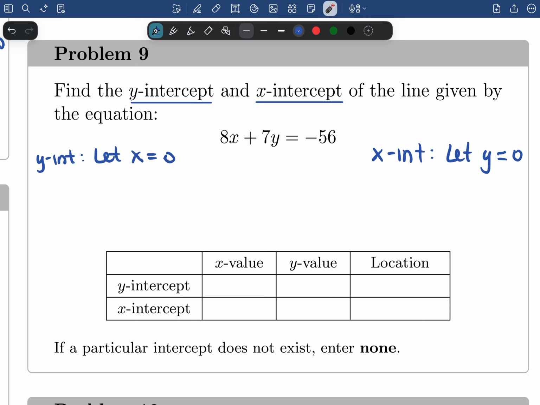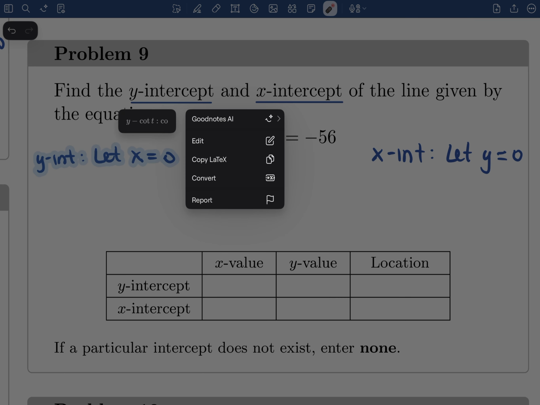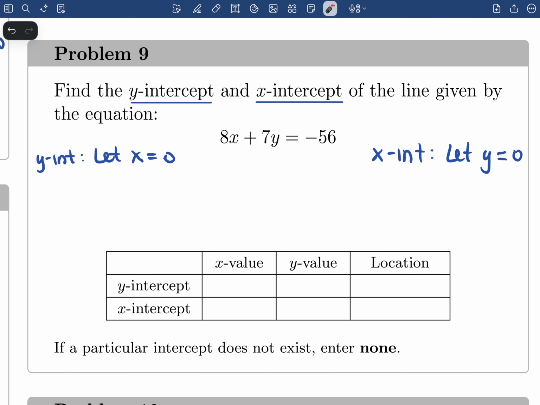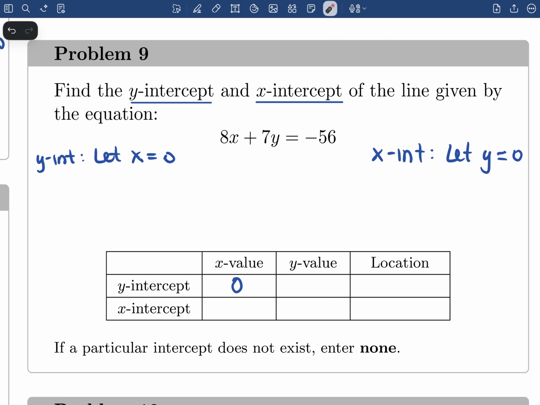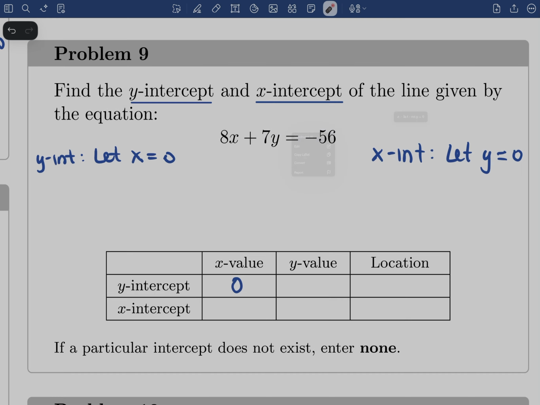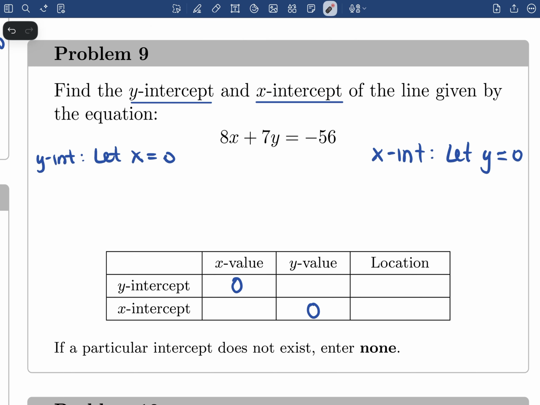Cool? So if I already start to fill out this table right here, for a y-intercept, the x value is 0. And then for an x-intercept, the y value is 0, because I let y equal 0 in that case. Now, we're actually going to plug these values into the stated equation. Working on that y-intercept, I turn x into 0.